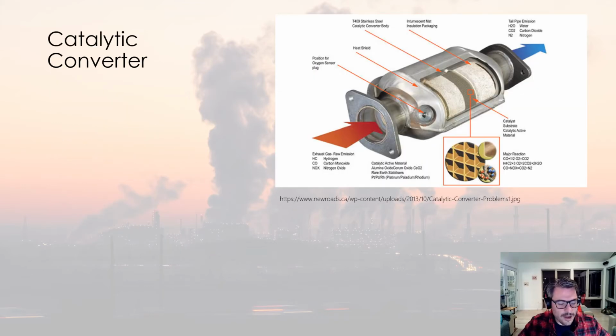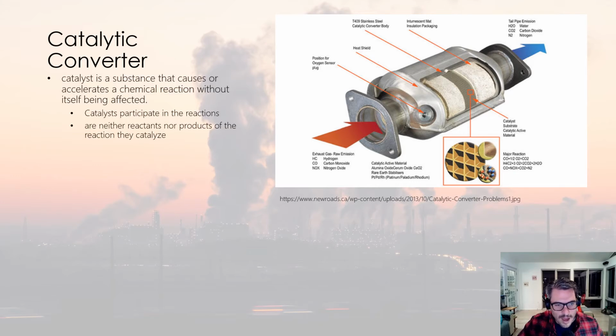A key technology that has been developed to reduce the amount of air pollutants that are generated by the internal combustion engine of a motor vehicle is a catalytic converter. A catalyst is a substance that causes or accelerates a chemical reaction without itself being affected. In a catalytic converter, there are two types of catalysts at work, a reduction catalyst and an oxidation catalyst.